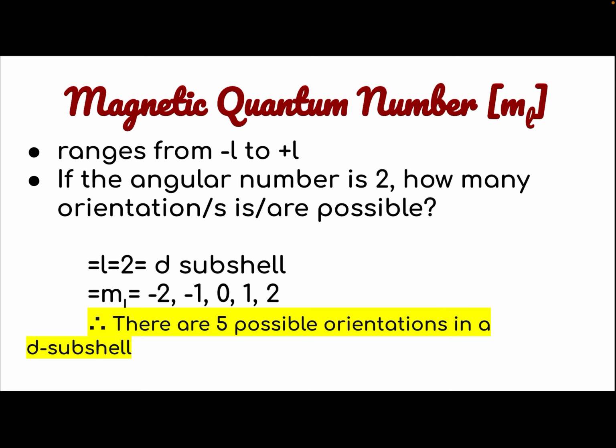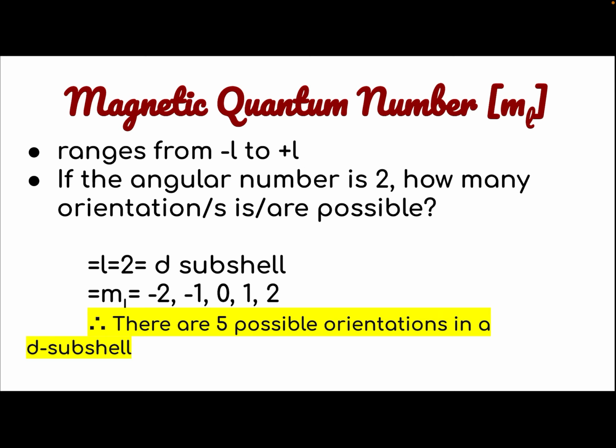Kasi from the negative value to the positive value. So, ilan yon? Negative 2, negative 1, 0, 1, 2. 5. So, the answer is, there are 5 possible orientations in a D subshell, because the values are from negative 2 hanggang positive 2.